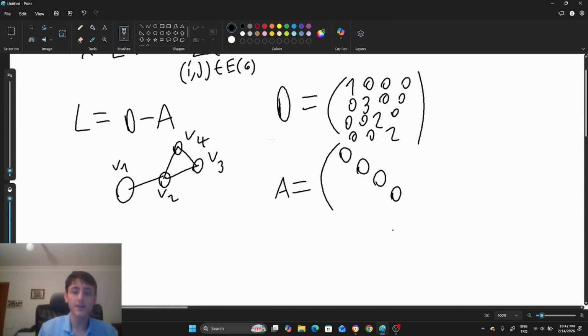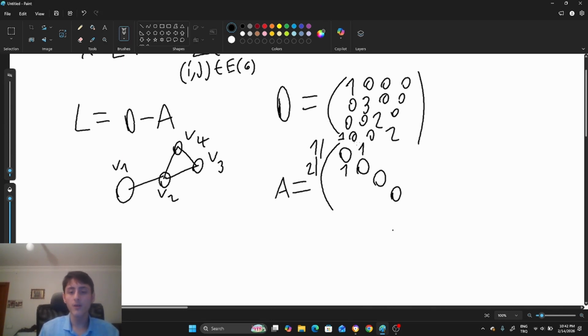What about vertex 1 and vertex 2? The first row, vertex 1, the second column, vertex 2. Are vertex 1 and vertex 2 connected by a single edge? Yes, they are. So the entry for vertex 1 and vertex 2 should be 1. Similarly, this is also going to be 1 because this is the second row, first column, meaning vertex 2 and vertex 1 are connected.